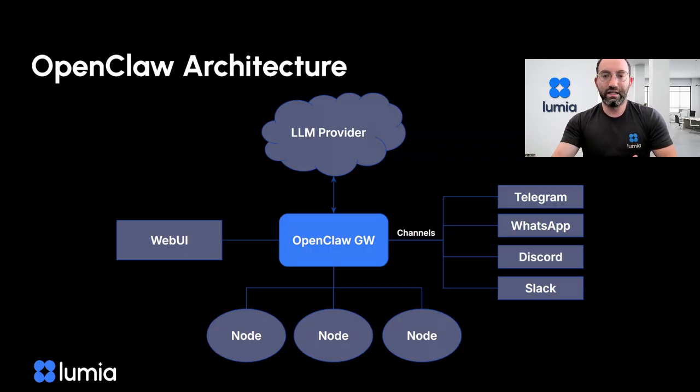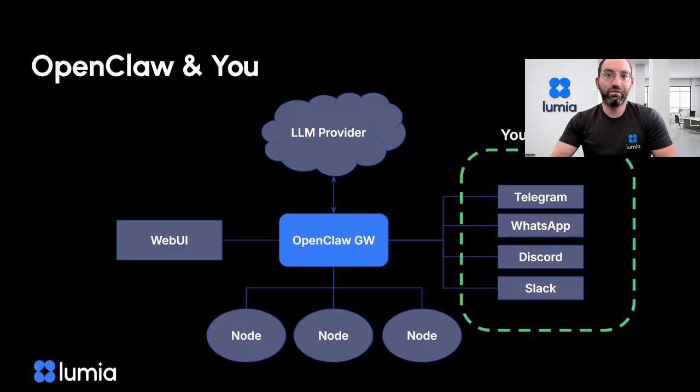A node is like an extension that you can install on more machines, on more endpoints, that connects to the main gateway and acts like an extension of it, with a sub agent or more agents with more access to the UI. You can install it on a phone, for example. So it's pretty cool. But at the end of the day, you don't want any of this running in your organization.